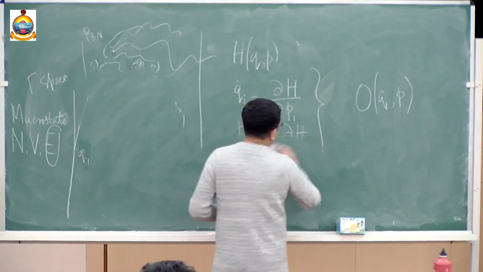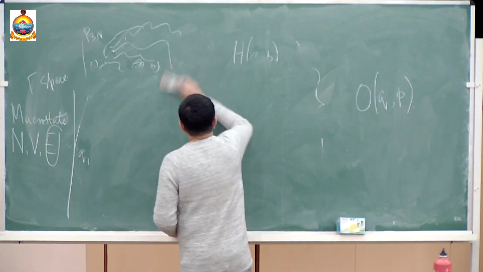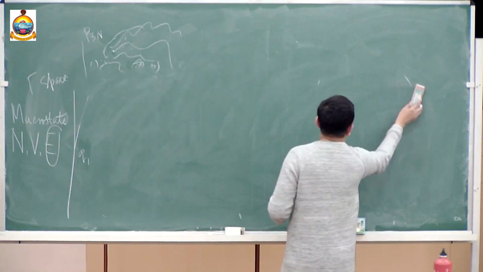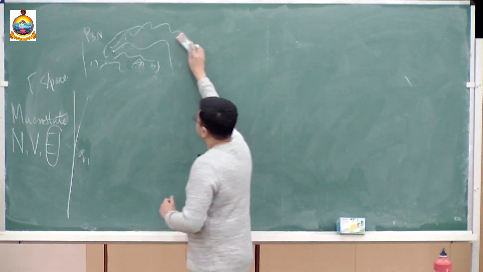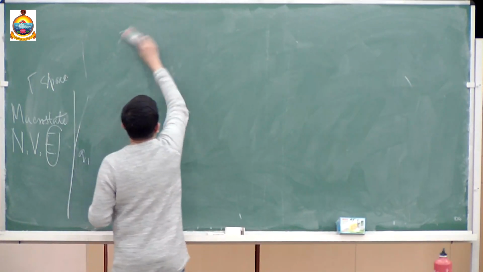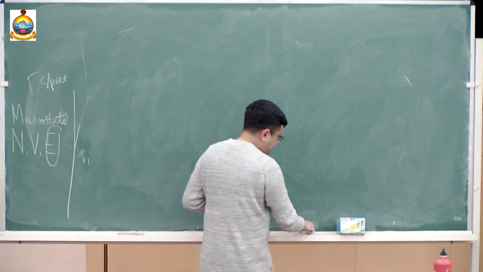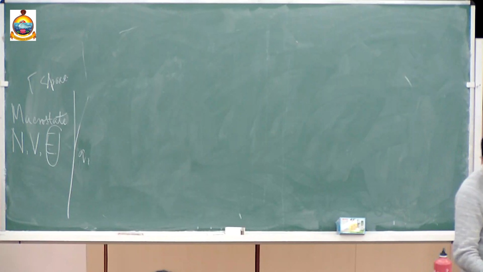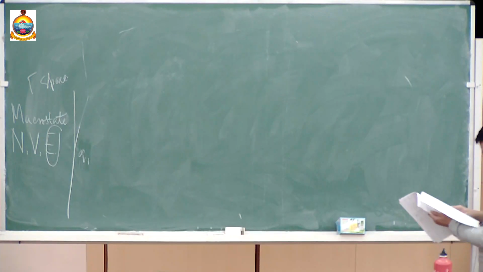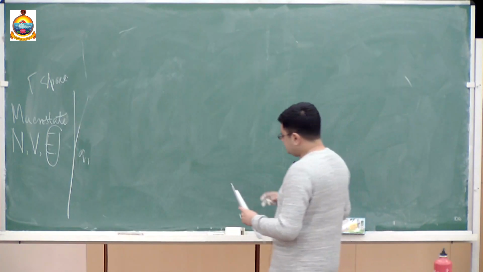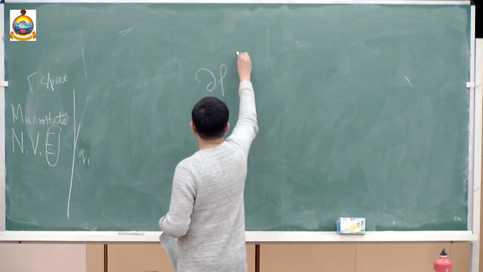Now it may so happen that, let us look at this equation for rho. So I just want to get this sign. Remember how rho is changing.